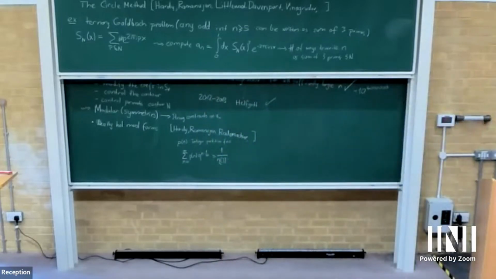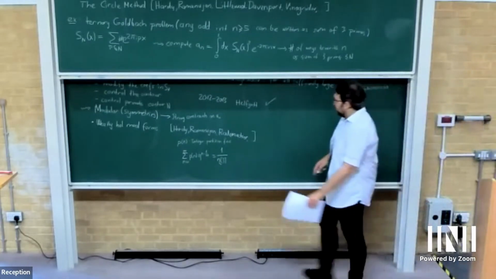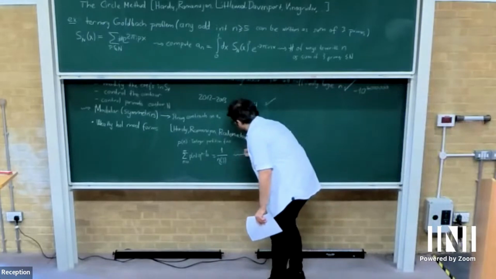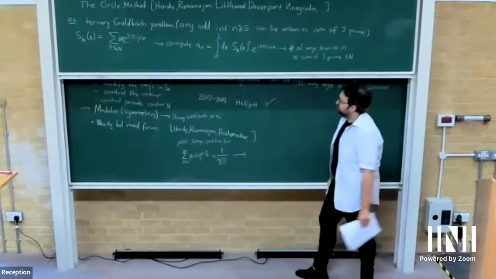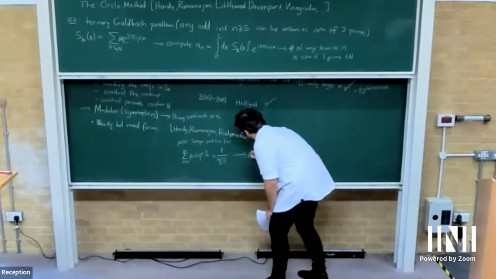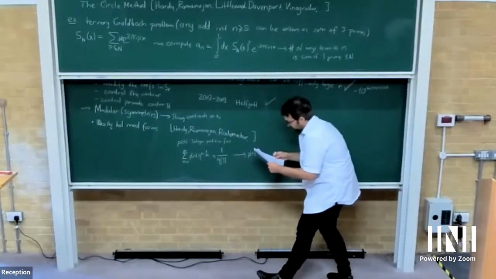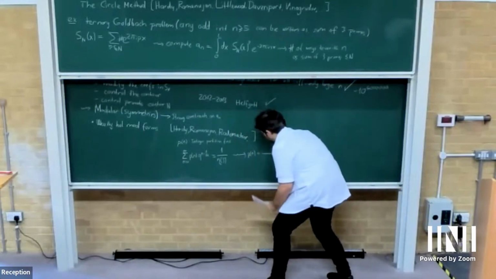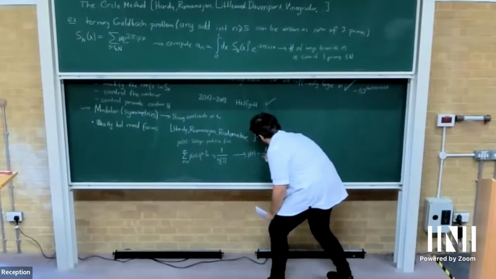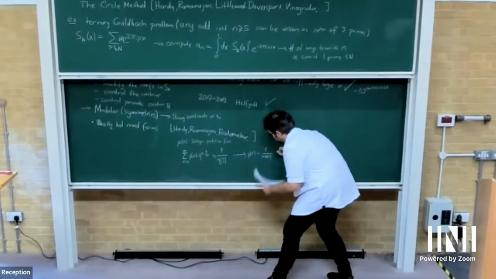It's a modular form of weight minus a half. So first thing you can do, of course, is to study the asymptotics of Pn. And there you obtain the results for large n.